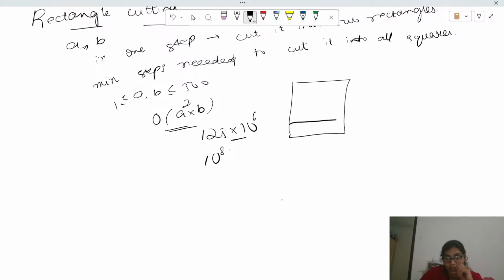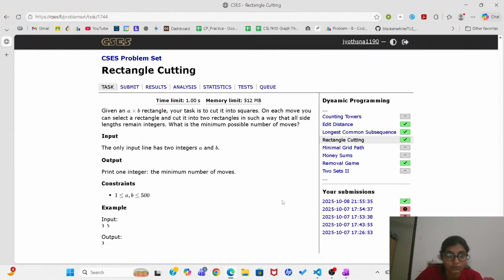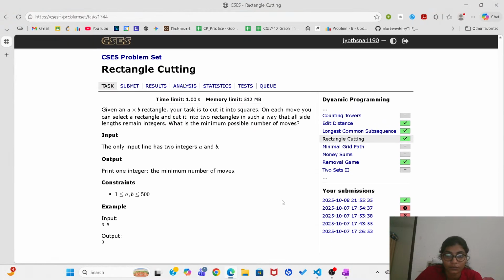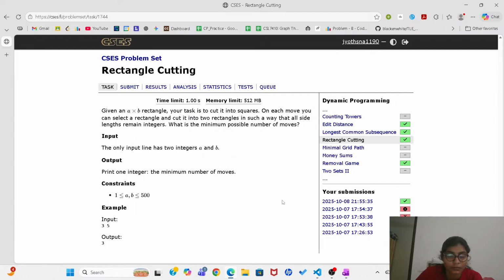We can either cut it like this or this. Or there are many ways to cut it actually. There are many ways.